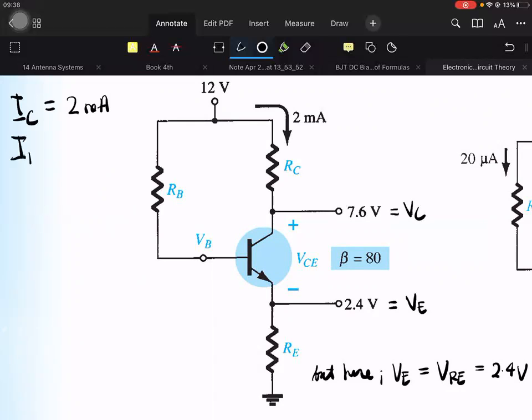IE can approximately be equal to 2 milliamperes. Since beta is given, we can solve the exact value: IE is beta plus 1 times IB. So we solve IB first. We know that IC is beta IB, therefore IB is IC over beta.